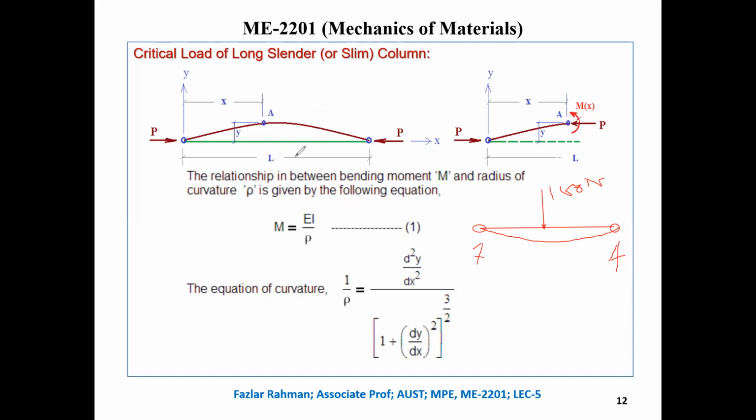Okay, now in every section, every point of the beam is subject to bending. Due to the application of the 100 Newton load, there is a bending moment working at every point. And due to that bending moment, the beam is bent.